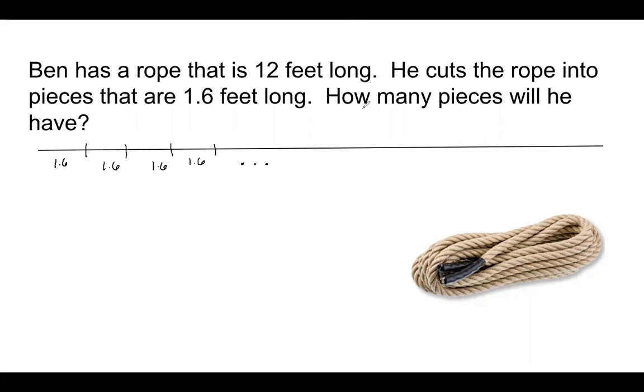So I'm going to need a variable, and the variable is always the answer to what they're asking for. They're asking, how many pieces will he have? Aha. My variable, I'm going to use P, is going to be equal to the number of pieces he will have.